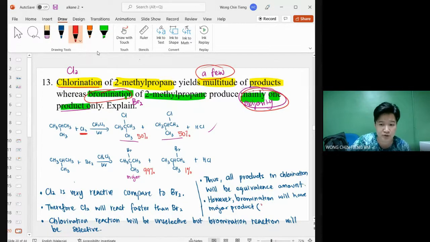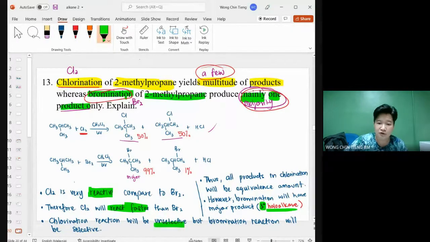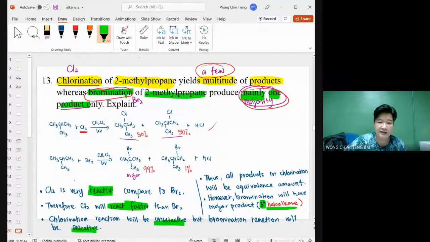Tertiary haloalkane. Yang ni akan berubah ikut soalan, sebab kadang-kadang major tu secondary, betul? Yang lain sama. So start off with the reactivity. Move on to which one will react faster or slower. Move on to the selective and unselective. And then explain the product. Boleh.